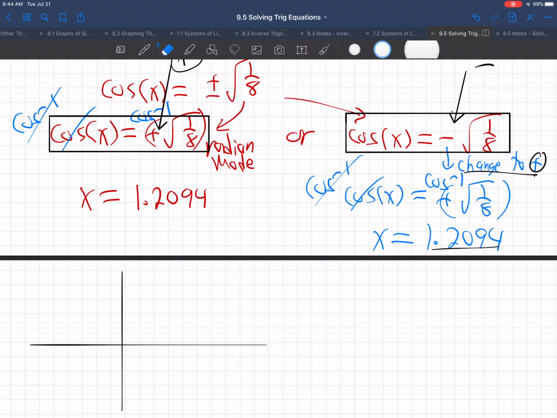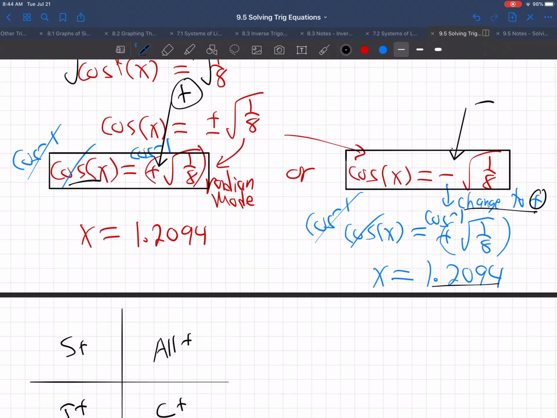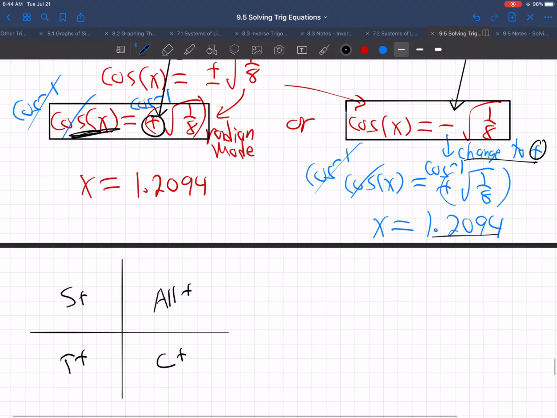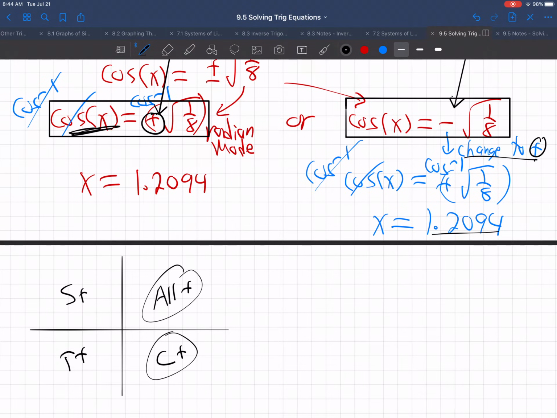All students take calculus. What was the original question here? Where is cosine positive? So which two quadrants? This one and this one, right? All are positive here, and the cosine is positive there.